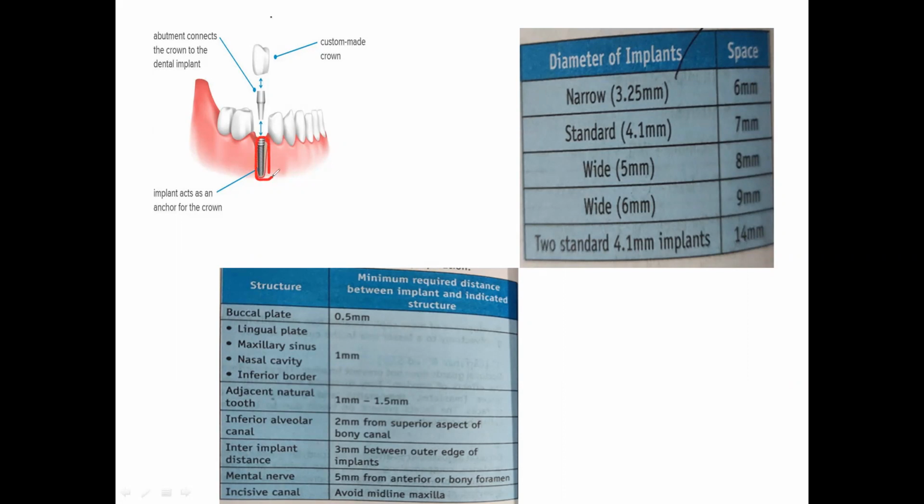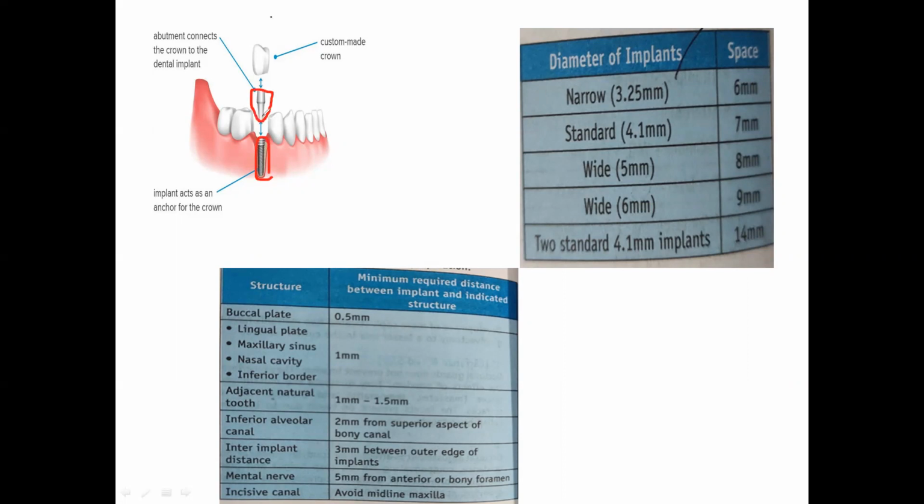That is actually replacing your root, the root of a tooth, over which another piece of an implant is placed, that is called as abutment.